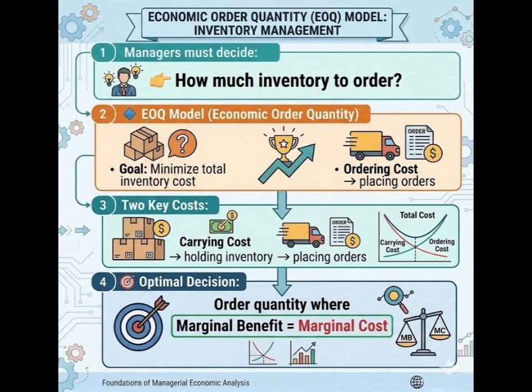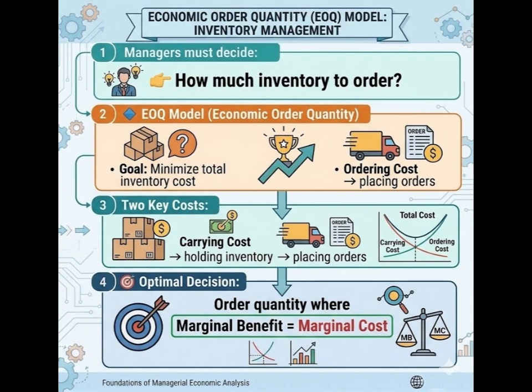As managers, you must also make inventory management decisions. You must decide how much inventory to order. There is a popular model called economic order quantity model, EOQ model. The goal is to minimize total inventory cost.